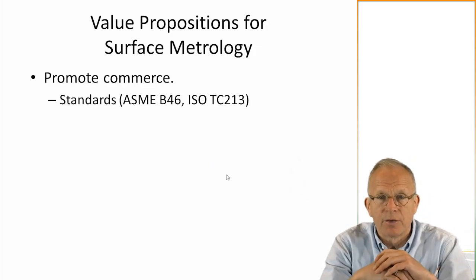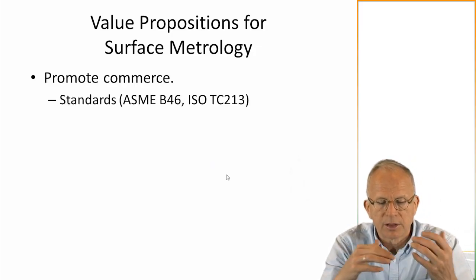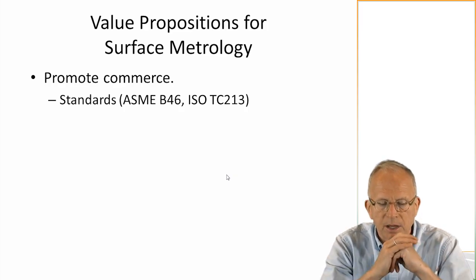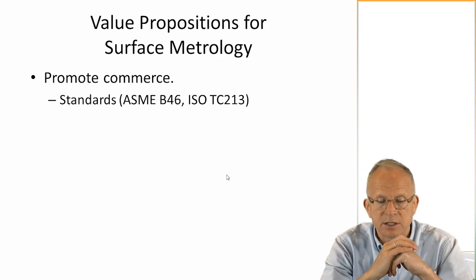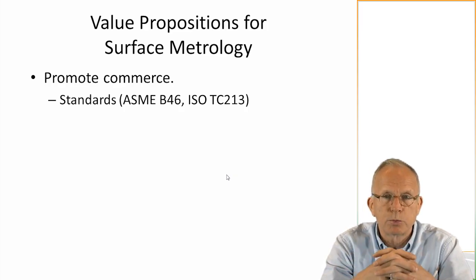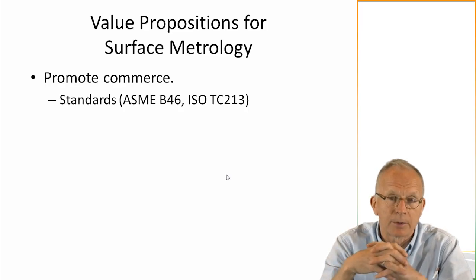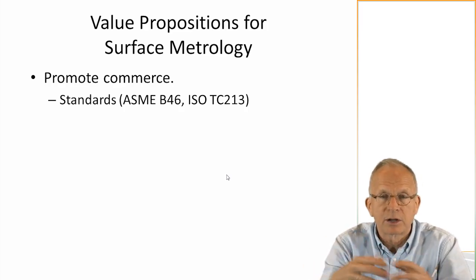But there is other value in surface metrology, and the standards that we work on, and I am on both ASME B46 and ISO TC 213. These standards are essentially to promote commerce, so that a buyer and seller can agree that a surface has been delivered as requested.